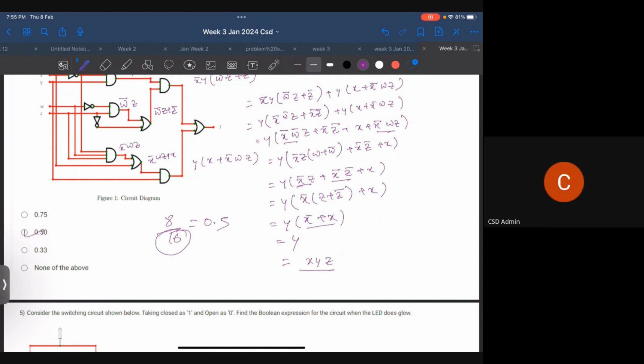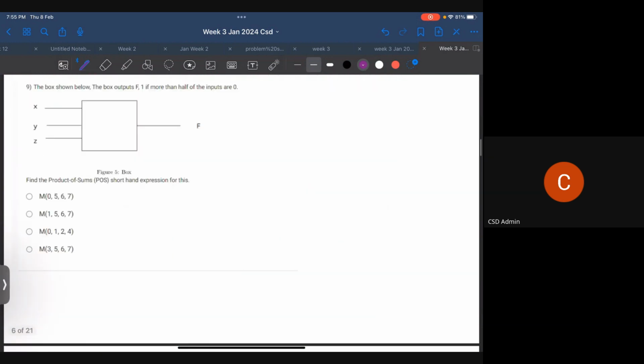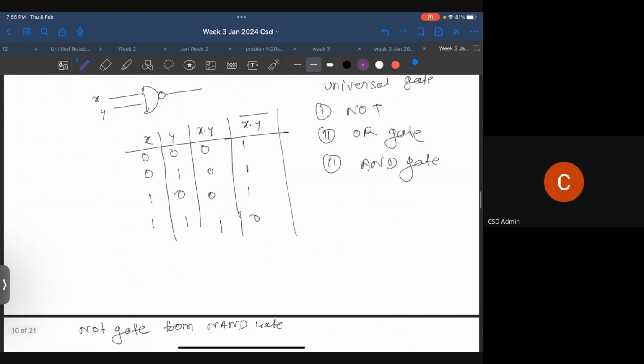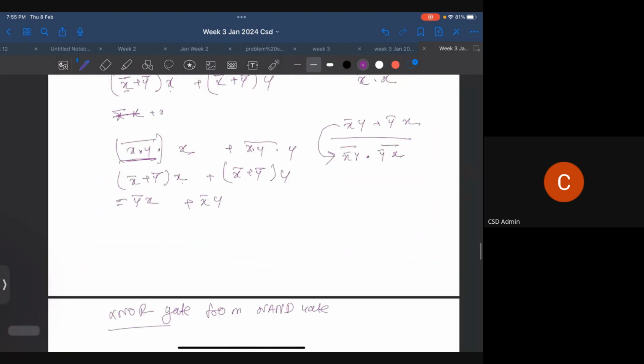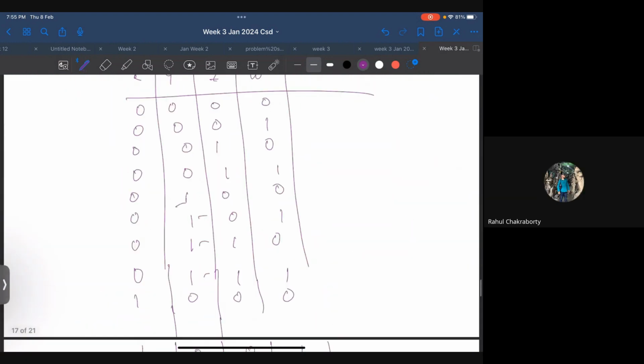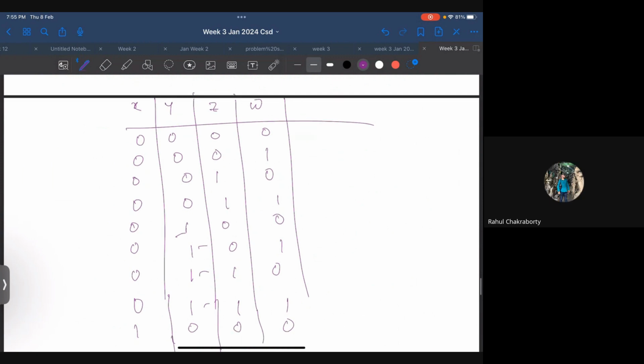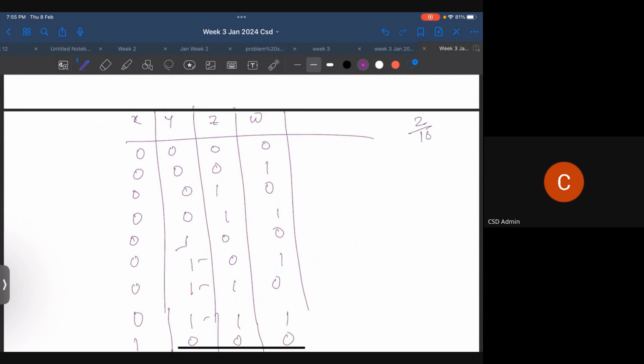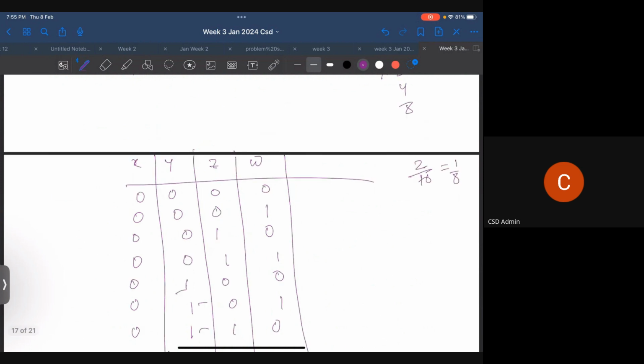If you draw the truth table, xyz equal to 1 will be in 2 cases, when w is 0 and when w is 1. So you find 2 by 16, which will be 1 by 8. If you take the minimized expression with 3 variables x, y, z and only one case, it will be 1 by 8.